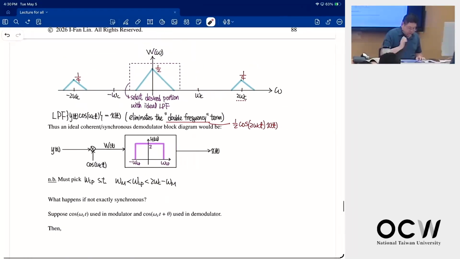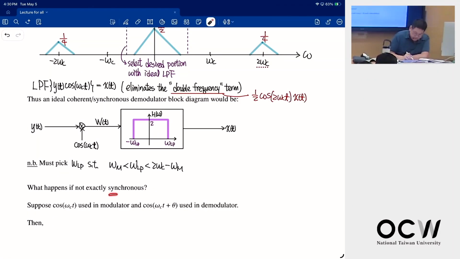So far, we know the carrier, the phase and the frequency, so it is synchronized. So what if it is not synchronized, which means that the modulator and demodulator have a phase difference. So cosine omega ct in the modulator, but cosine omega ct plus theta in the demodulator.